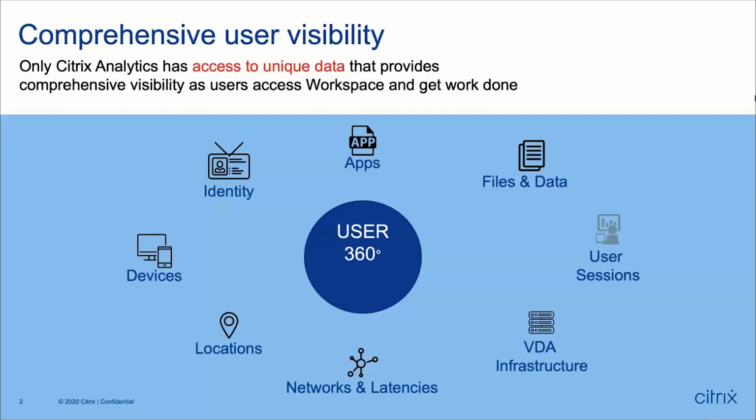Or if you are using our content collaboration suite, then neither of the two solutions will have information about how usage is happening on the content collaboration front, or what's happening on those files and data sharing. So things exist in silos. What Citrix Analytics does is give you a complete picture across your landscape, across the workspace, and all the utilities and the value that you derive from Citrix.